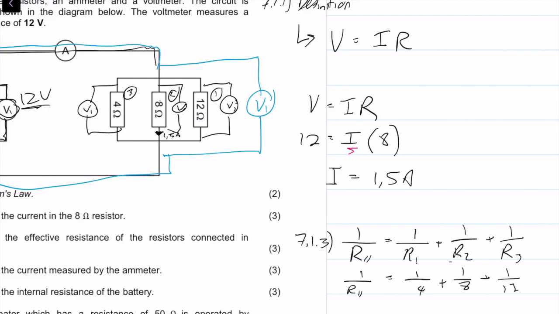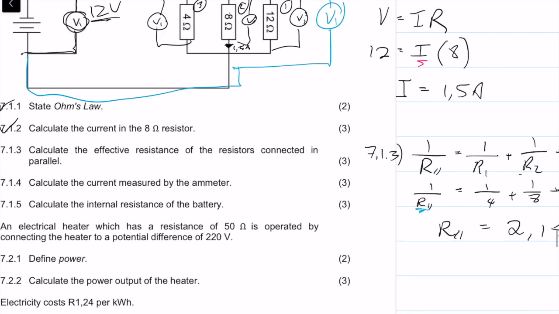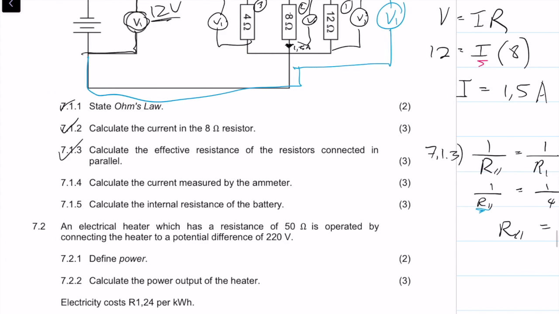The only unknown here is R parallel, so if we put this in, we get 2.18 ohms. Cool stuff. This was amps. That looks better. Then we go on to question 7.1.4.